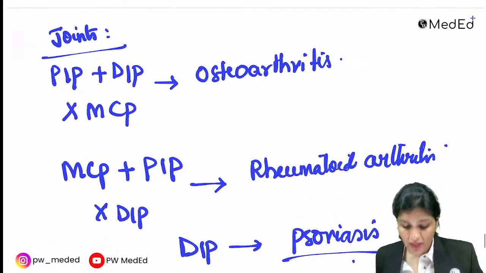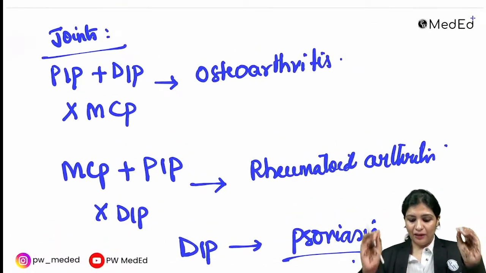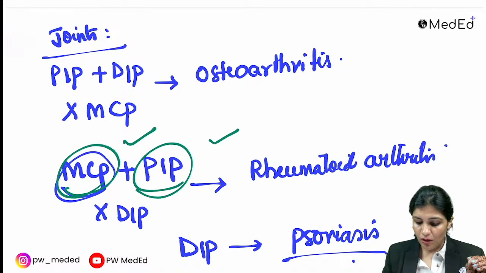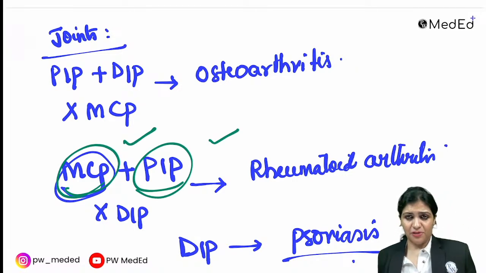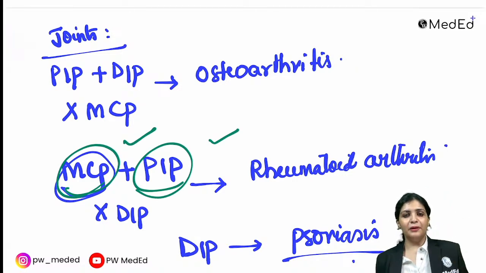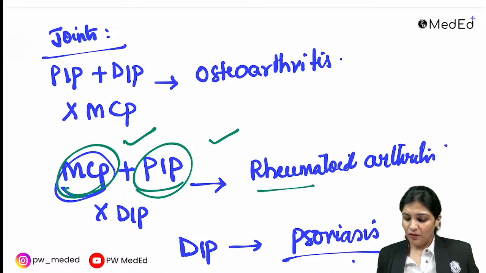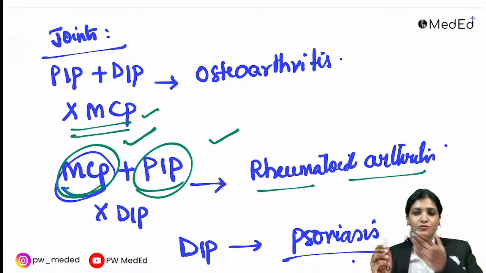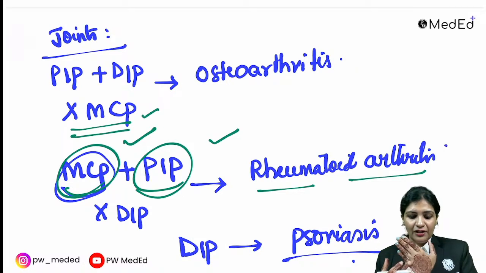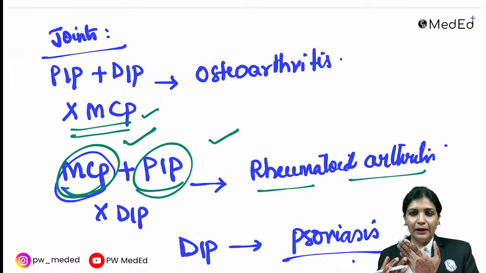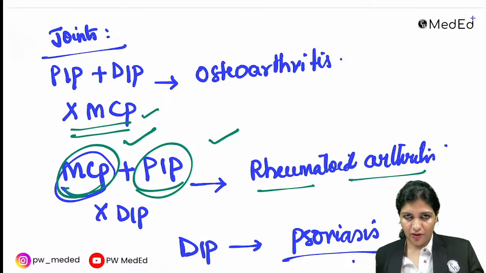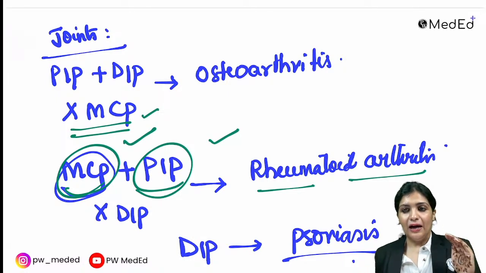In rheumatoid, you will see mostly MCP is involved. The PIP is involved, and the DIP is also sometimes involved, but mostly it is MCP plus PIP. That is rheumatoid arthritis. But PIP plus DIP, when you spare MCP, so this is the MCP, the metacarpophalangeal joint, this is the PIP, the proximal interphalangeal joint, and this is the DIP, the distal interphalangeal joint. That is your osteoarthritis.